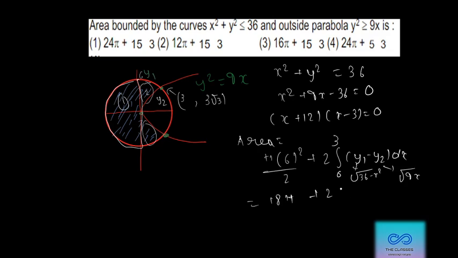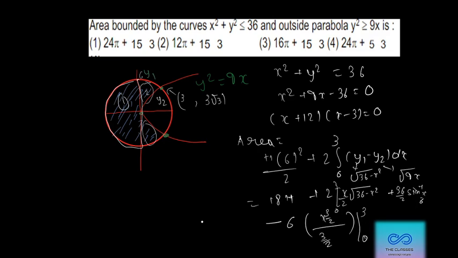So finally, after solving that, we will get x by 2 under root 36 minus x square plus 36 by 2 sine inverse x by 6, with limit 0 to 3, minus 6 x to the power 3 by 2, with the limit 0 to 3.